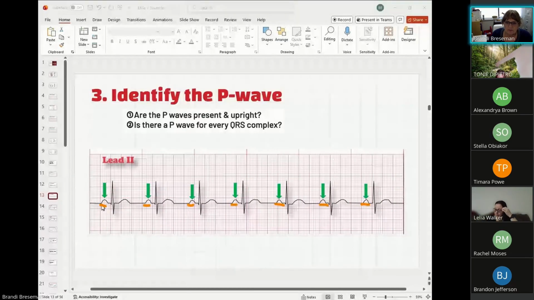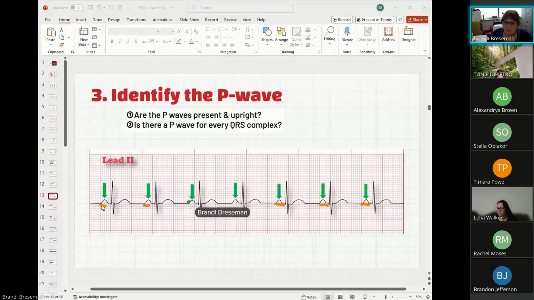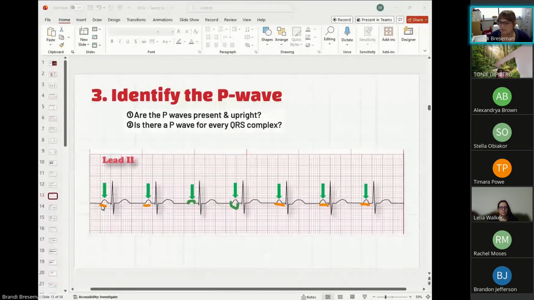So sometimes you will have a P wave that, instead of going up like these do here, would actually go down. It would invert, what we call invert. So instead of going up, it goes down.